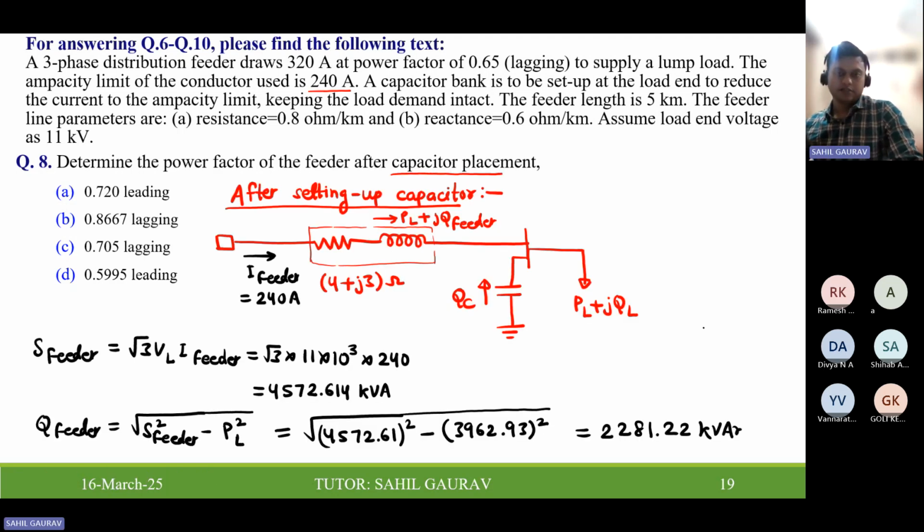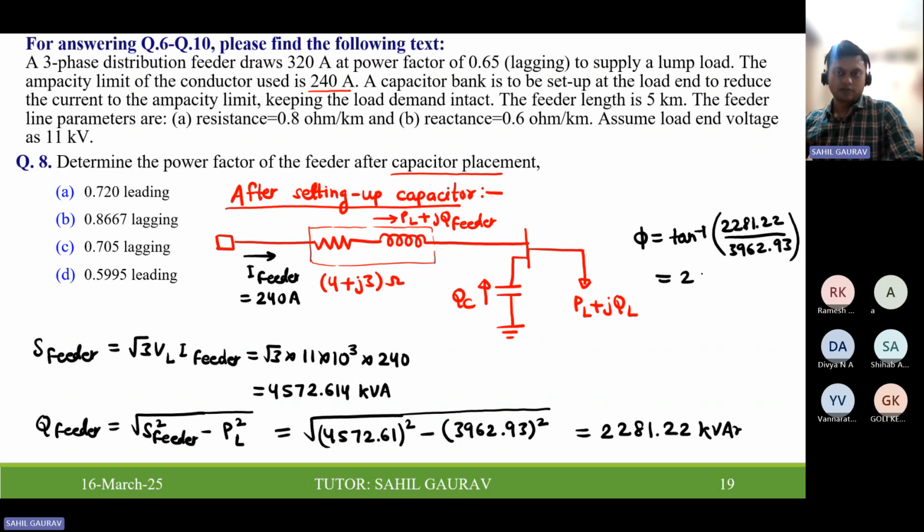Now you can find the power factor angle. Phi is tan inverse Q upon P. So Q is 2281.22 and P is 3962.93.